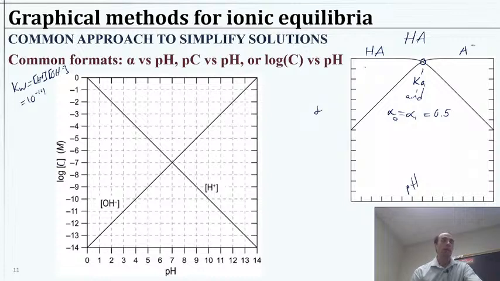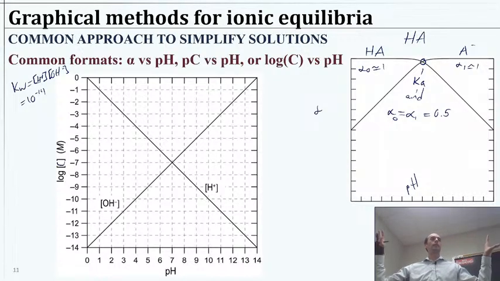We could also say that up here around this spot, alpha 0 is just about 1, and up here, alpha 1 is just about 1. That's the ratio of what is A minus versus the ratio of what is HA. So all of that we've learned before. I'm just starting to write it out and make it nice and clear. And I've got a couple slides that are going to do exactly this, with even better writing than my beautiful handwriting.